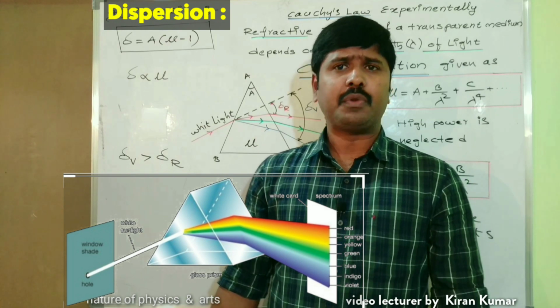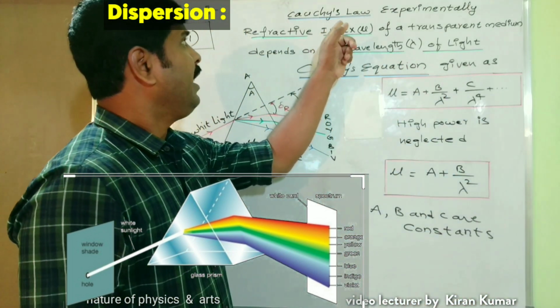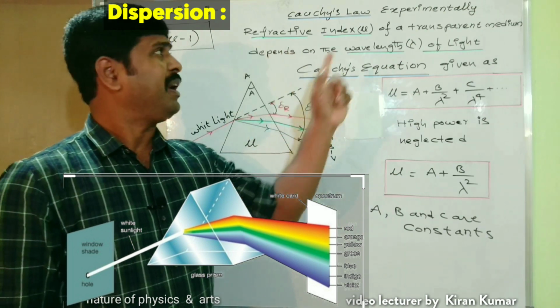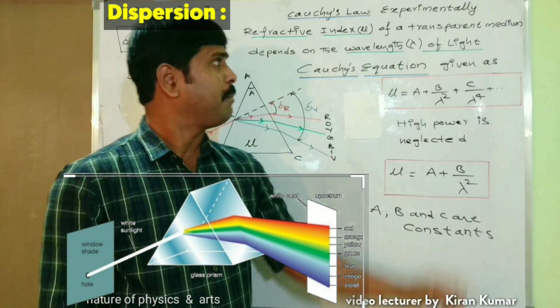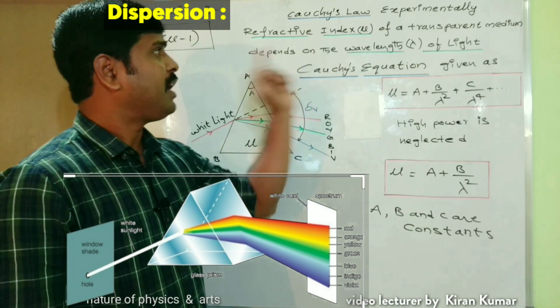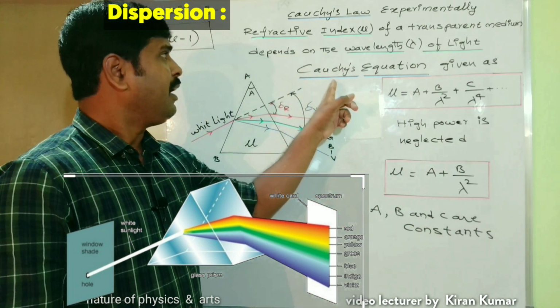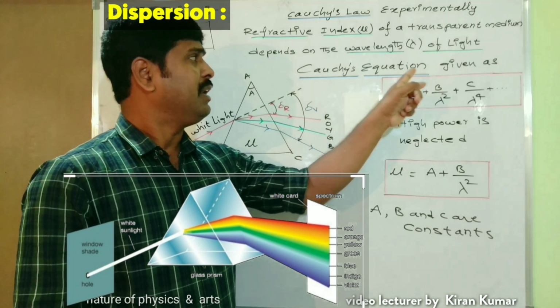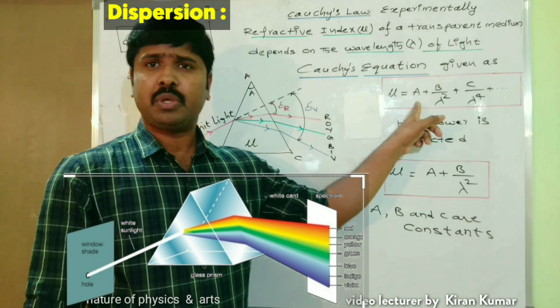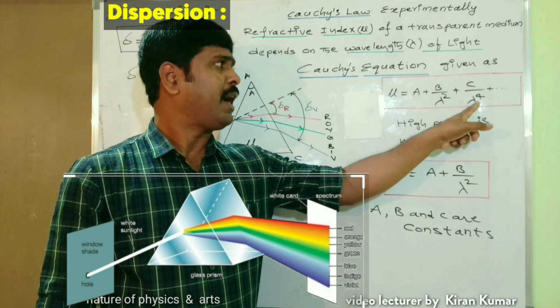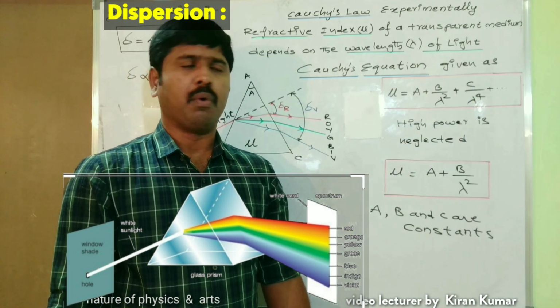According to Cauchy's law, experimentally the refractive index of a transparent medium depends on the wavelength of the light. According to Cauchy's equation, mu equals A plus B by lambda square plus C divided by lambda to the power of 4.